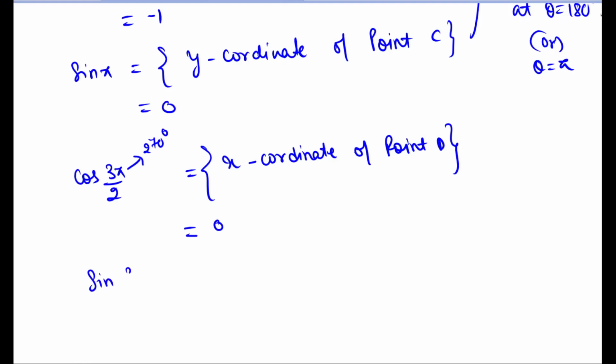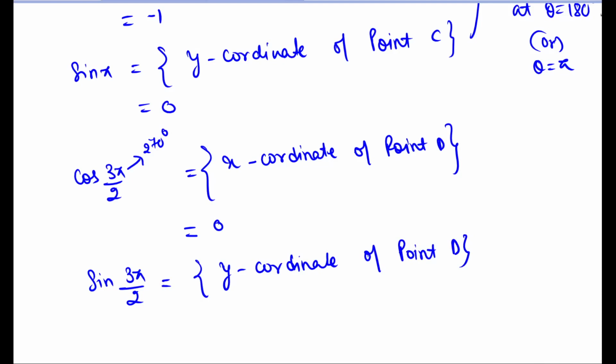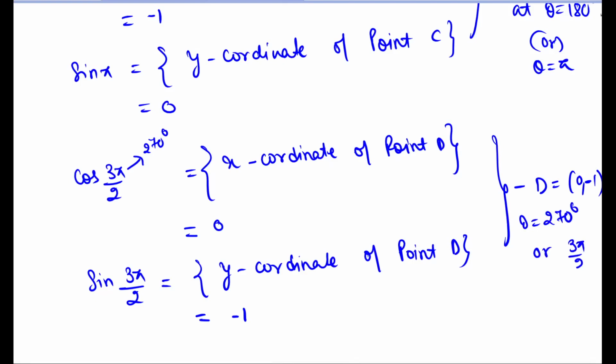We have sine 3 pi by 2, sine 270, equal to the y coordinate of point D, which is equal to -1. So this is point D (0, -1) at theta equal to 270 degrees or 3 pi by 2.